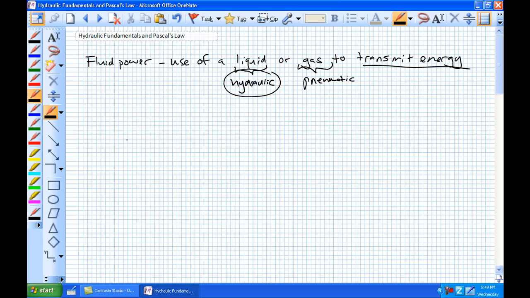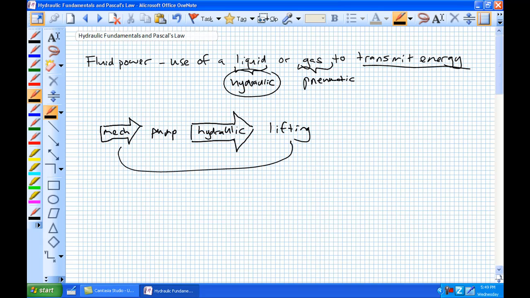This is a very simplified version right here. I'm going to take mechanical energy to turn a pump that creates fluid flow, i.e. hydraulic. I'm putting mechanical energy into a pump which creates hydraulic flow, which is, let's say, lifting some object. Again, why didn't I just use my mechanical force to shortcut to lift it?